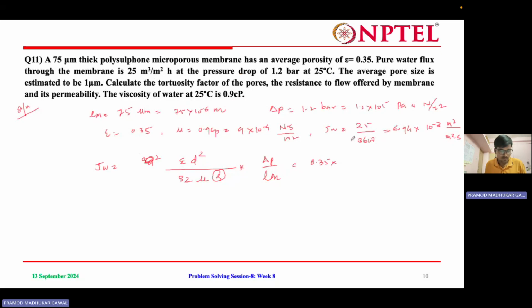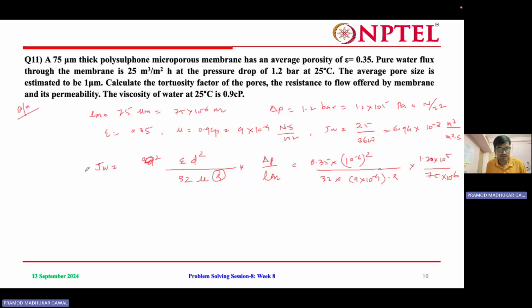0.35 into 10 to the power minus 6 square, 32 into 9 into 10 to the power minus 4. So this we have to calculate into delta P 1.2 into 10 to the power 5 divided by 75 into 10 to the power minus 6, right?